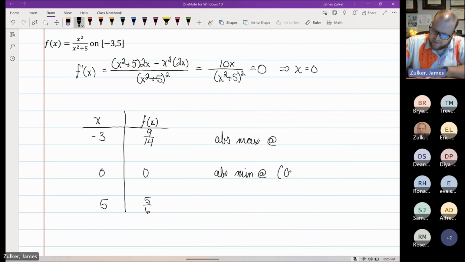The min is easy, right? That's 0, 0. What about the max? Right, so the question is, which is larger, 9 over 14 or 5 over 6? 5 over 6.